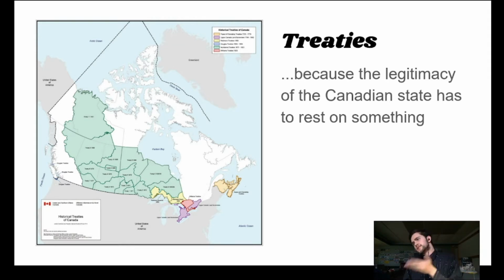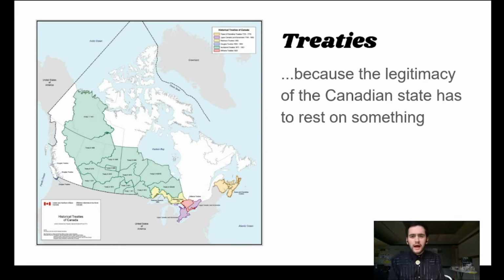So one of the big legal differences between Canada and the United States is that Canadian Indigenous law rests on a large number of unbroken historical treaties between the British Crown and its Indigenous subjects. Whether those treaties were fair and equitable is another question entirely.